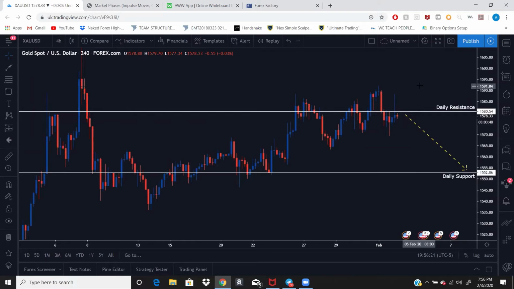I entered a sell around 1584, I think it was. It dropped just over 100 pips. Then I re-entered again because I couldn't reach my entry point. So I'm just holding this to see if it dips again, around the London session.